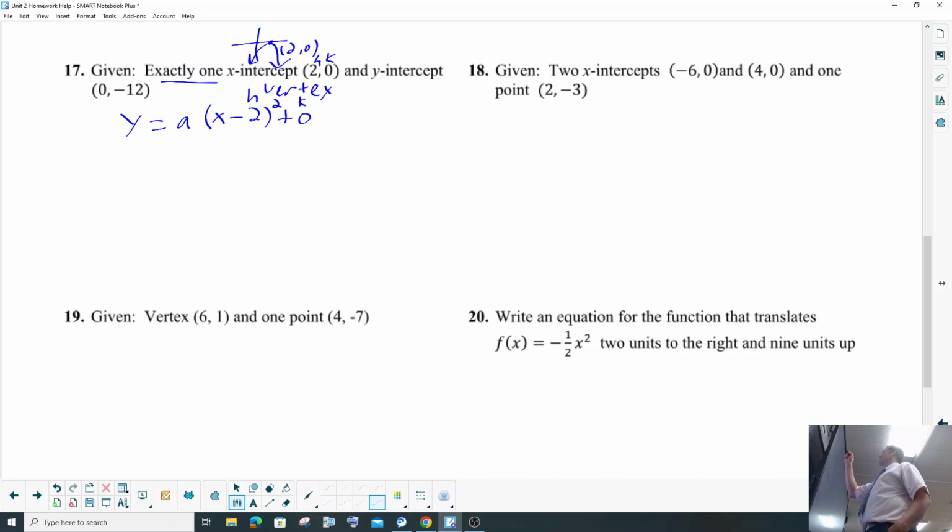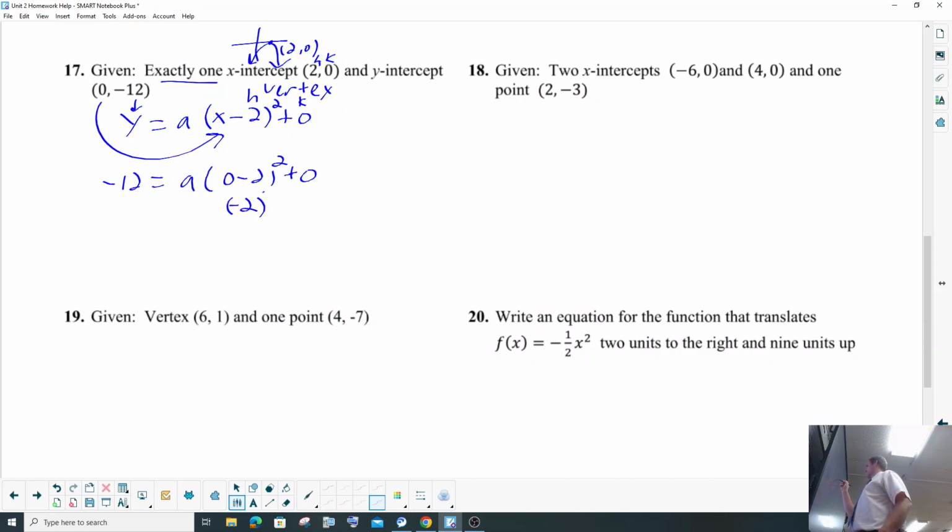Then we'll take our y-intercept and plug in 0 for x and -12 for y. So 0 minus 2 is -2. -2 squared is 4. That k goes away because it's 0. Equals -12. And that's supposed to be an a.